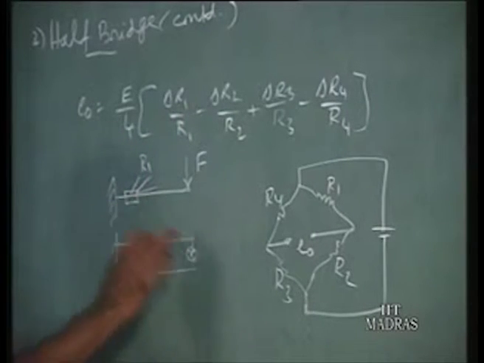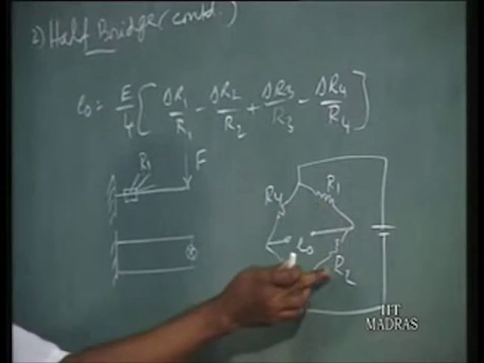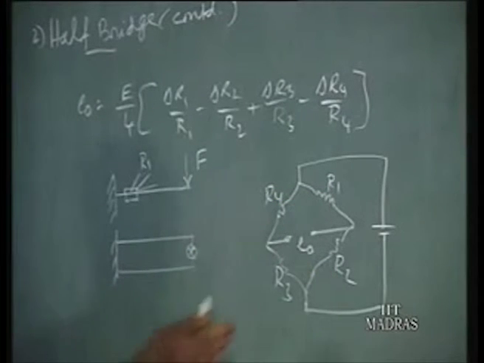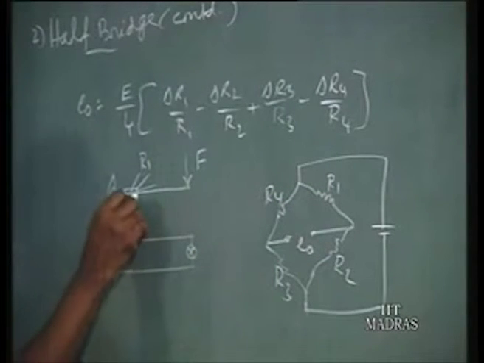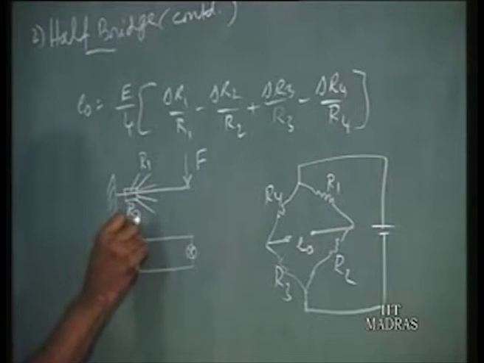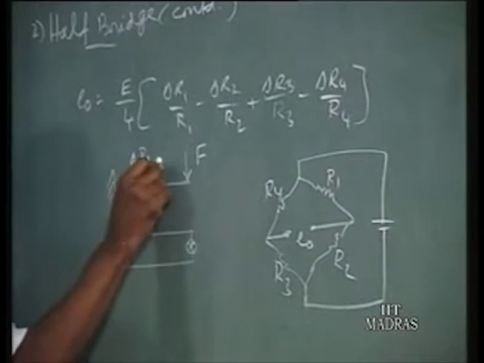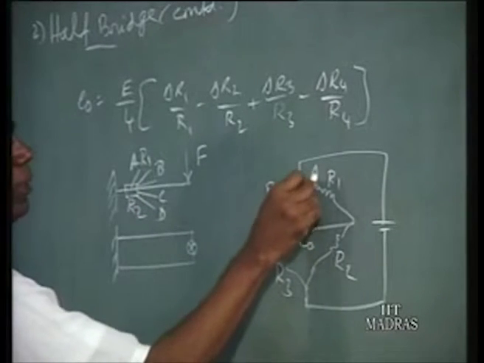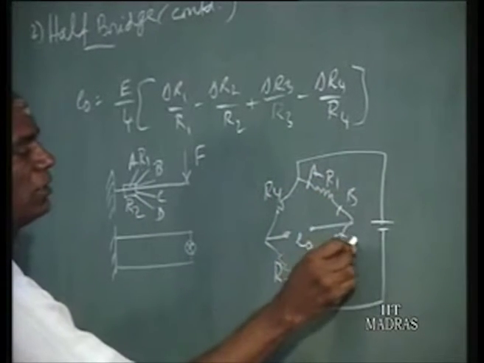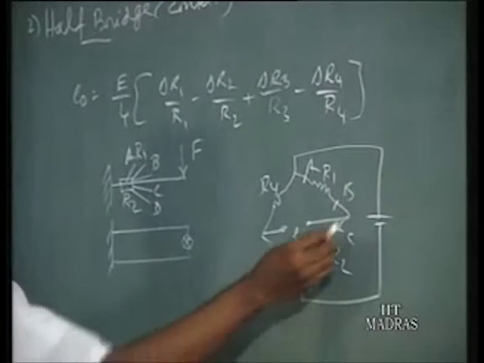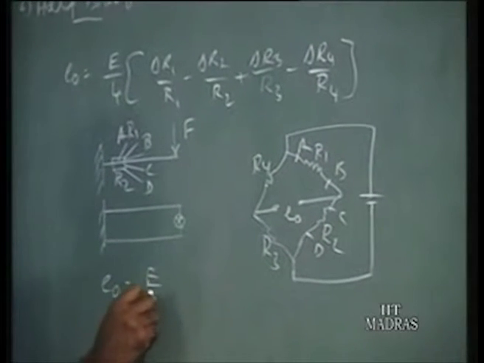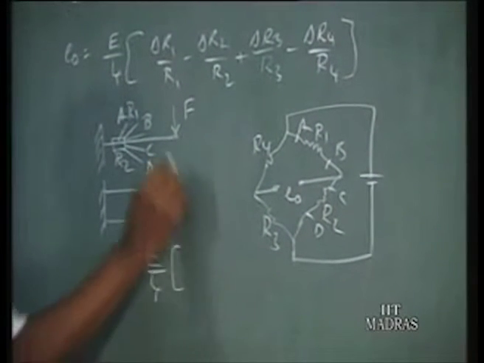For R1, the adjacent arm is R2 or R4. R4 is adjacent, R2 is also adjacent. So we will connect it as R2. Call these terminals AB for R1, CD for R2. So this will be the AB terminal, and this is the CD terminal. Accordingly you connect it in the bridge, and the voltage output is equal to E by 4 delta R1 by R1.